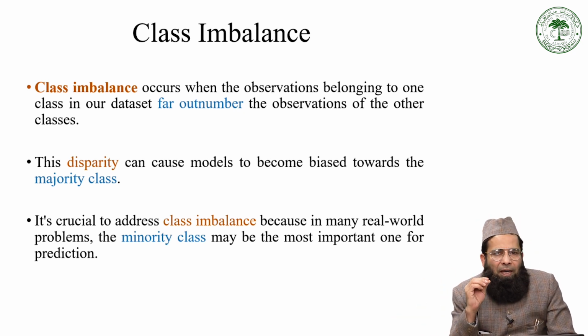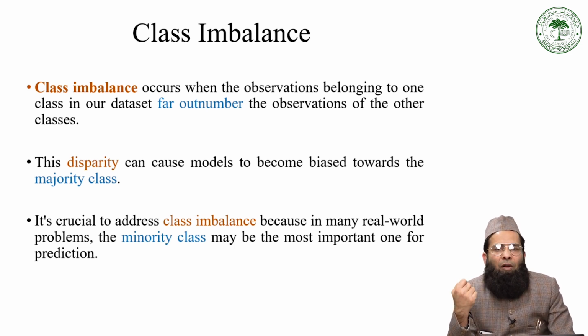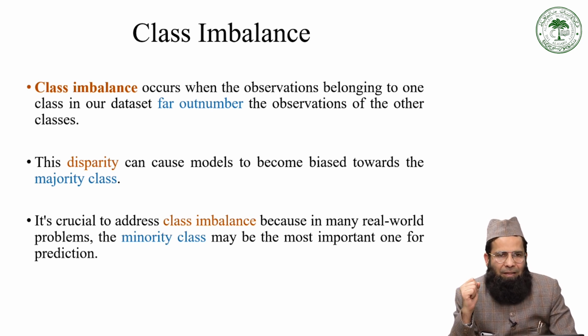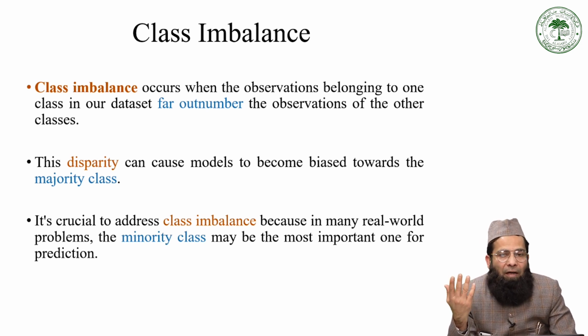This disparity can cause models to become biased towards the majority class, leading to inaccurate predictions for the minority class, which is often the class of greater interest. And why are the minority classes of greater interest? It is very crucial in cases such as fraud detection or rare disease identification.